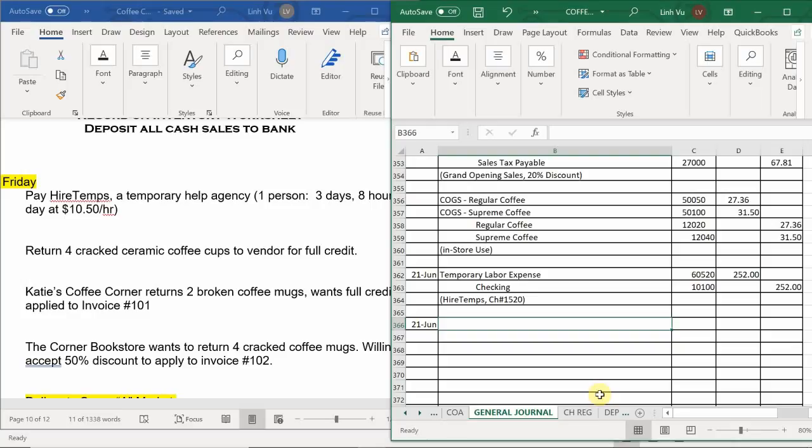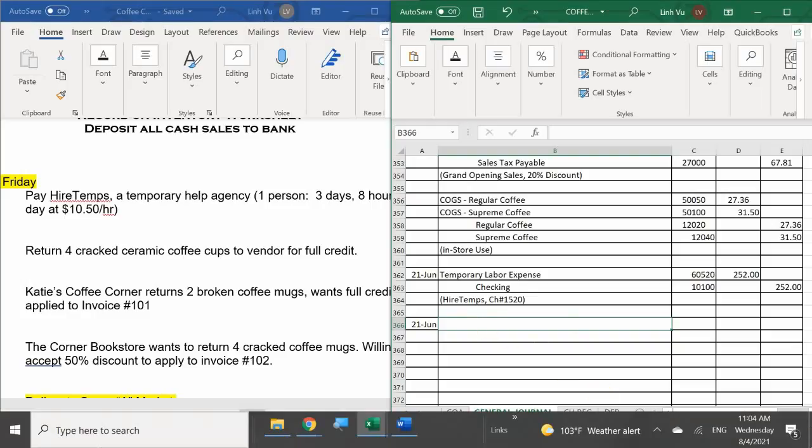What method did I use to keep track of my coffee mugs? Is that the cost of goods sold?